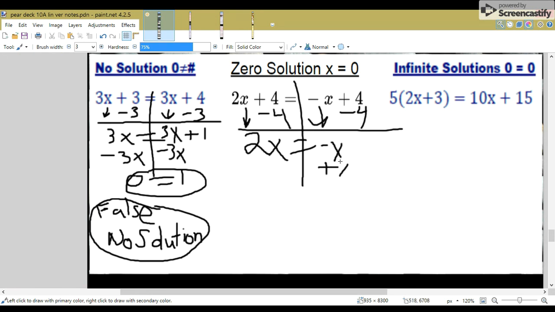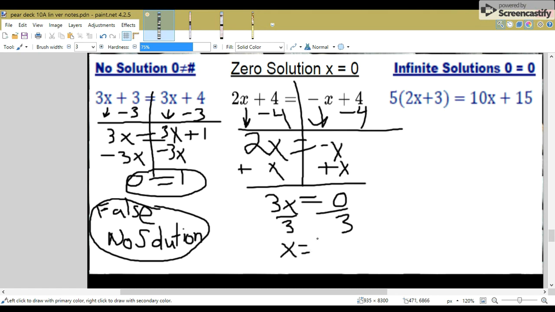Add the x to each side. Negative x plus x is 0. 2x plus 1x is 3x. Divide each side by 3. 0 divided by 3 is still 0. So x equals 0.